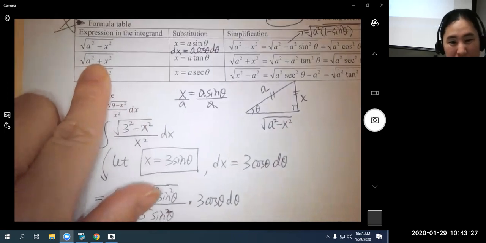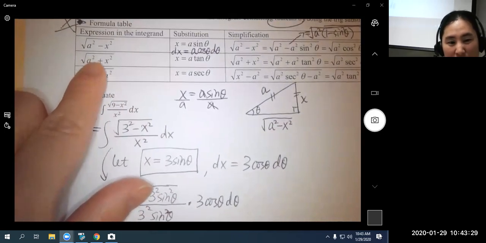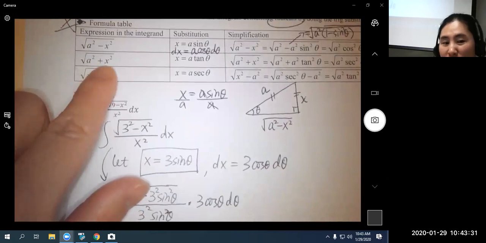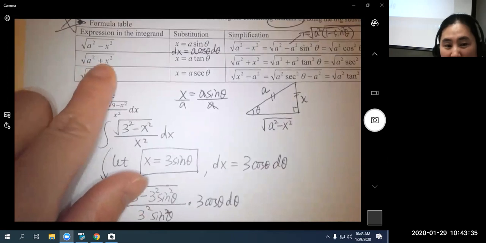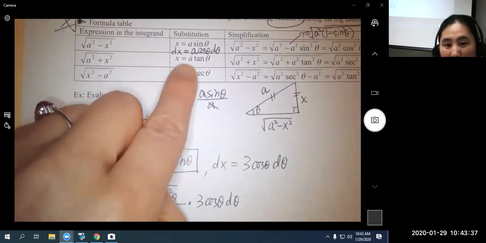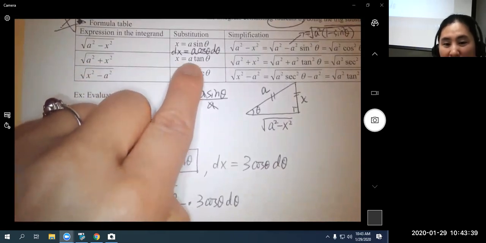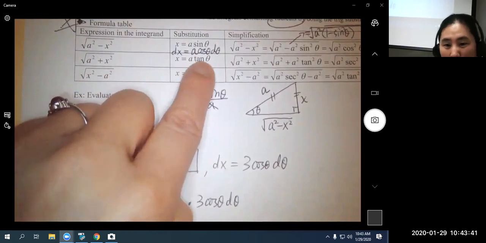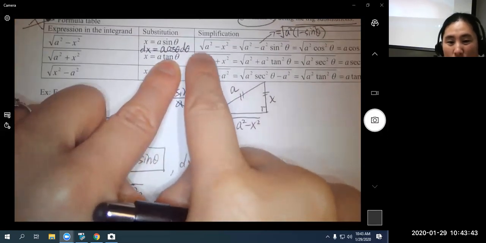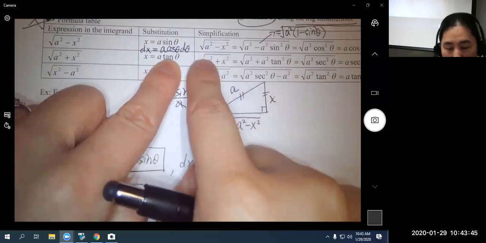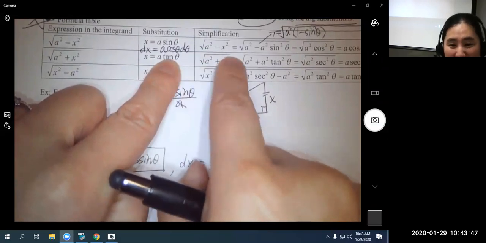Second case, if we have a squared plus x squared, what substitution should we use? We're going to let x equal a times tangent theta. Why? Because we want to get rid of the radicals.